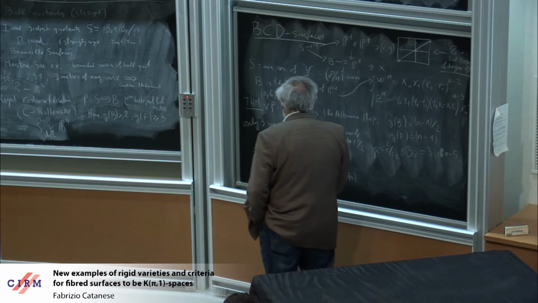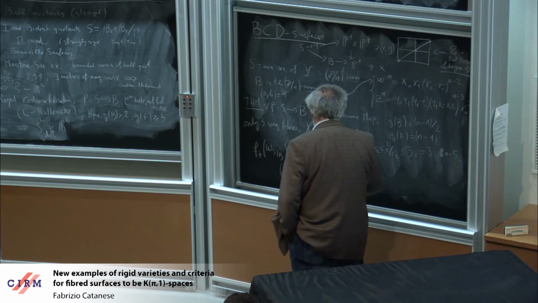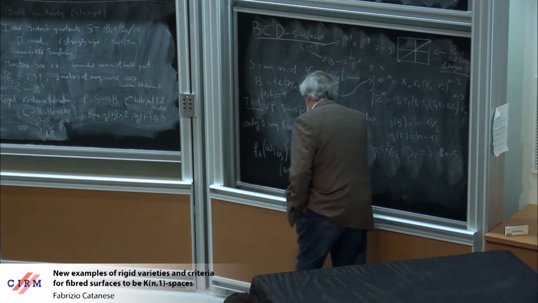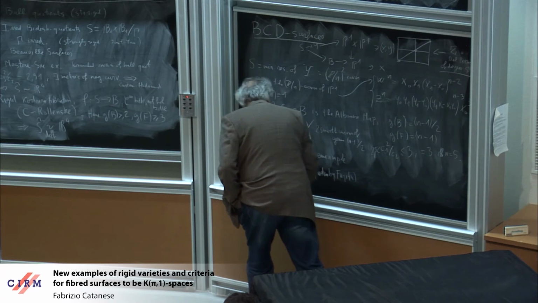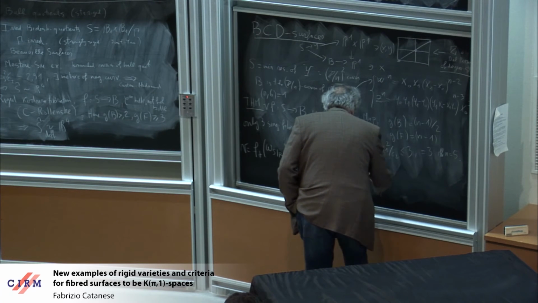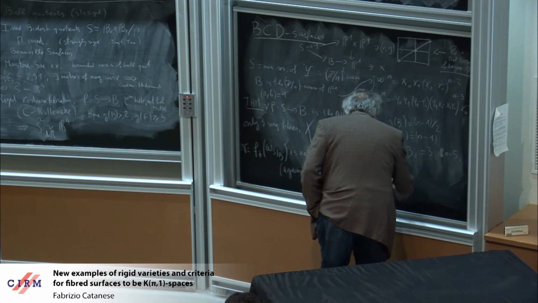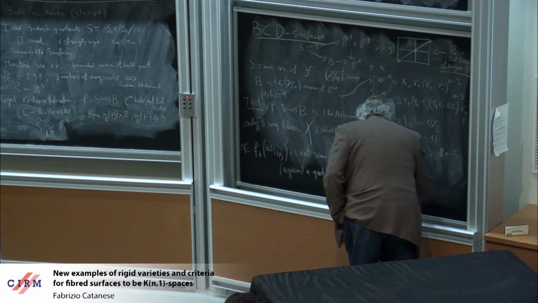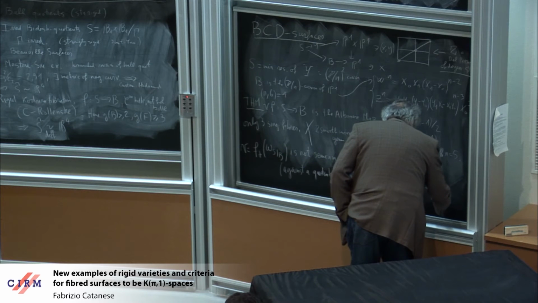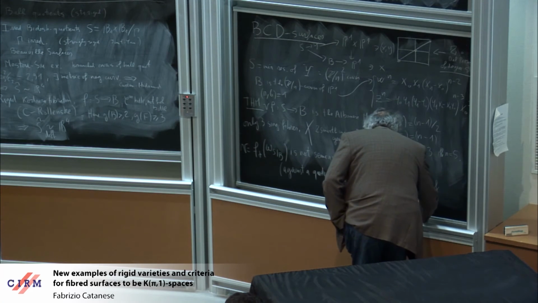Now, how do you prove that this bundle is not semi-ample? If I call this bundle V, in fact, V is an ample bundle plus a unitary flat bundle of infinite order.